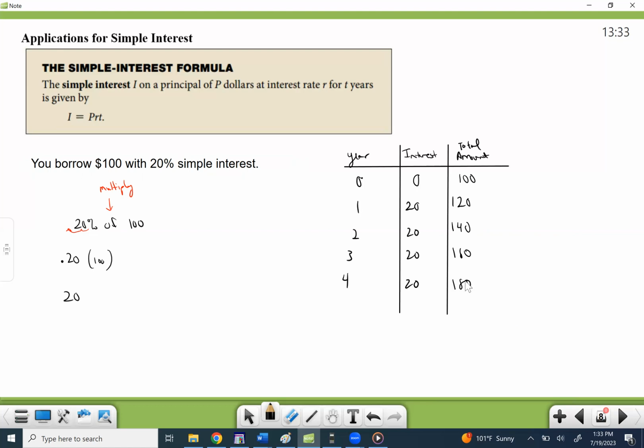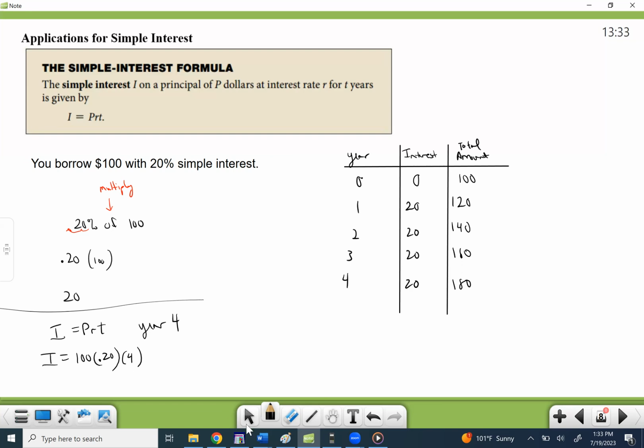Now you could use the formula to find this, right? For example, if we use I equals PRT, let's find it for year 4. The principal P, the original amount borrowed, is 100. The rate is 20%, but you can't put percents into the math problem, so you have to put 0.20. And the time is 4.